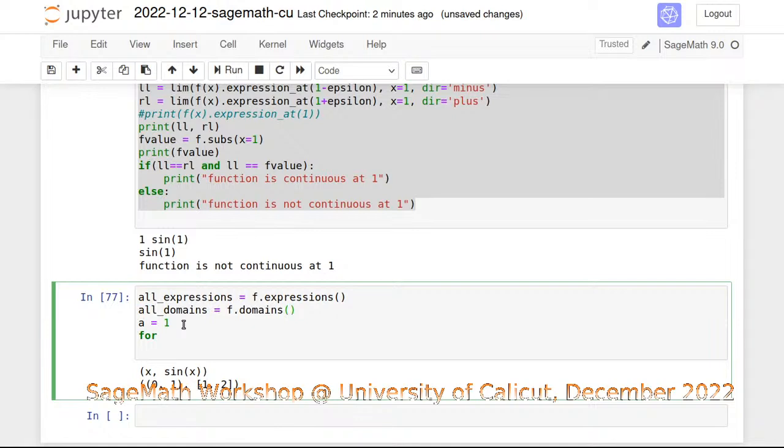I'm just storing these two values in these variables. Now I know that I want to see where this a equal to 1 belongs. Okay, still I cannot actually make out what exactly is the left of that. Should I go to the left of that particular value or right of that particular value? I don't exactly know. Okay, anyway, if it belongs to one particular interval, I need to just look at 1 minus epsilon. Okay, that's not going to give much insight into which one I need to actually try.